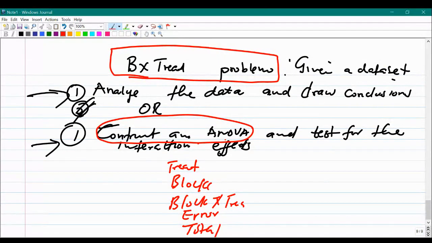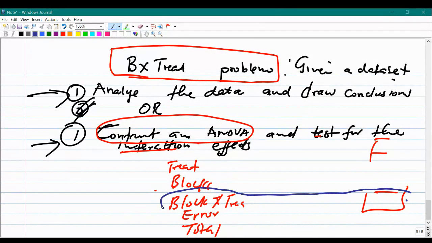But the second question is strictly saying test only for this one, the F for interaction. It's not saying that if you fail to reject, move to the main effects. No, the question says test for the blocks by treatment effects.